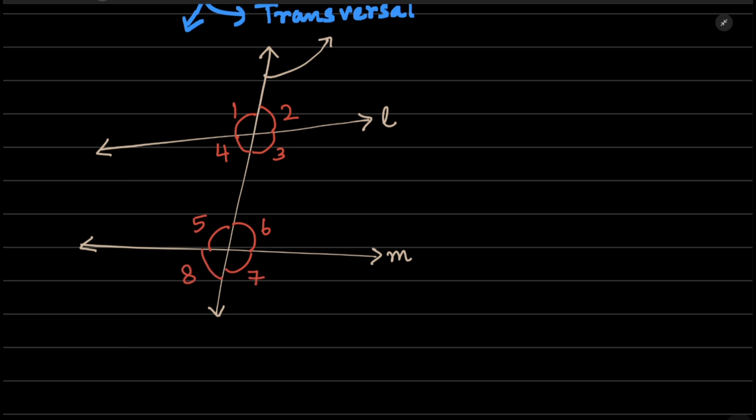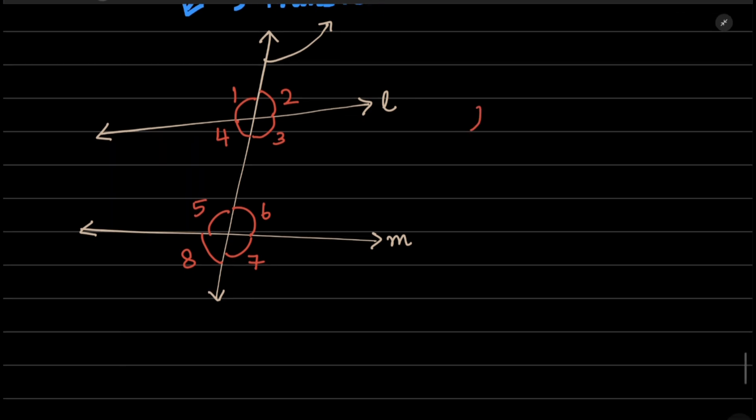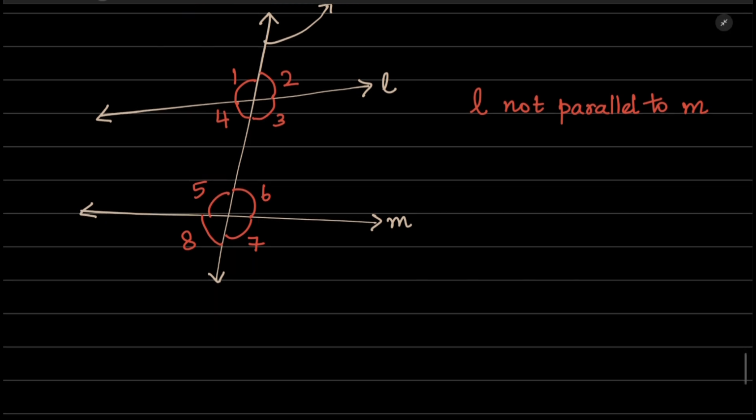In this case here, L is not parallel to M in our scenario right now. Here we have to know certain terms. The very first term is called corresponding angles.